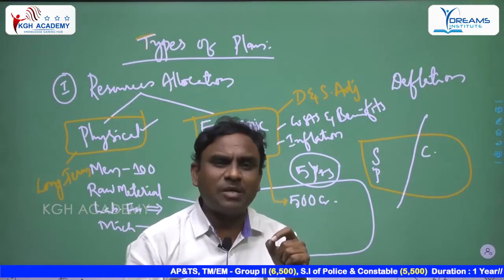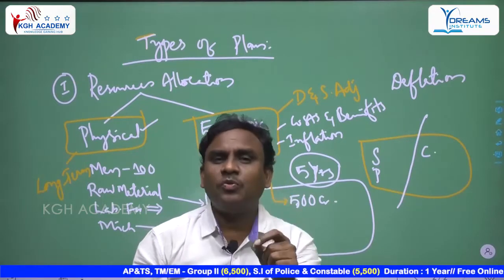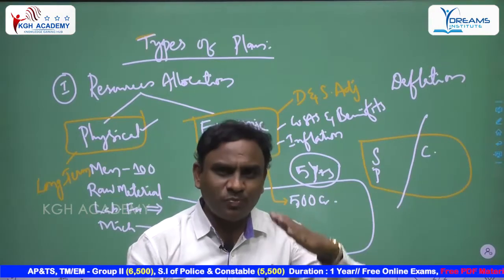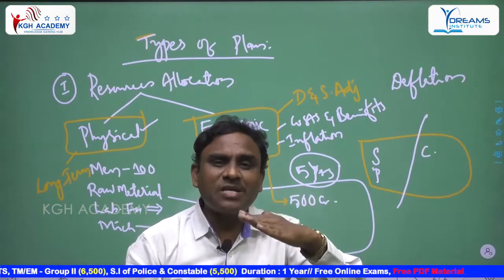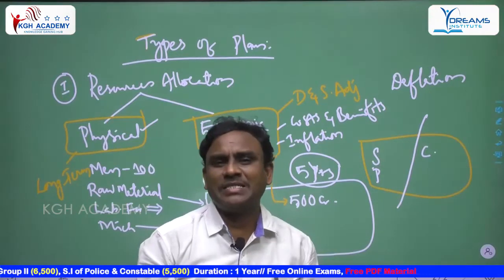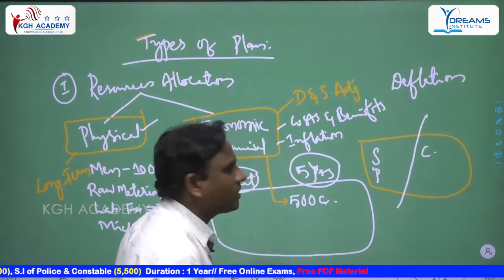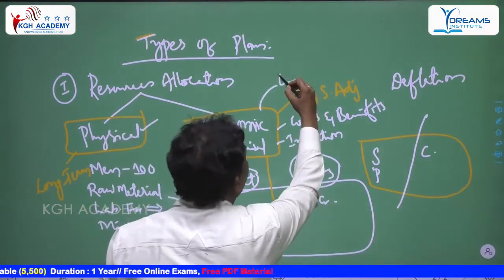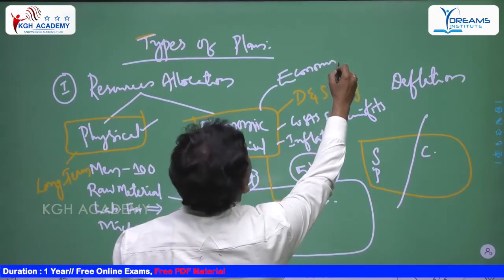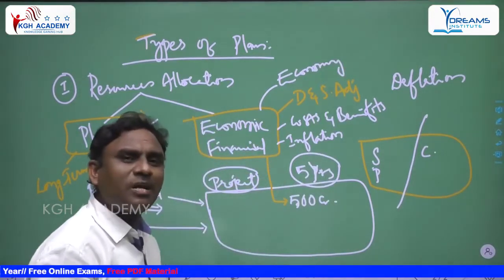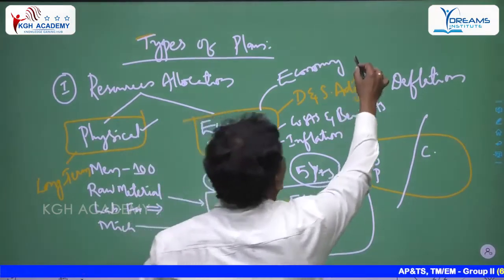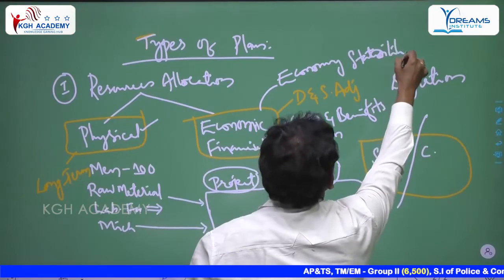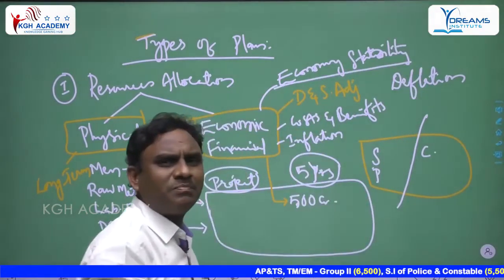Economic or financial plan is very useful to control inflation and to control the prices of goods and services, and it leads to economic stability. Economic stability is also achieved by financial or economic plan. What is the main motto of the economy?